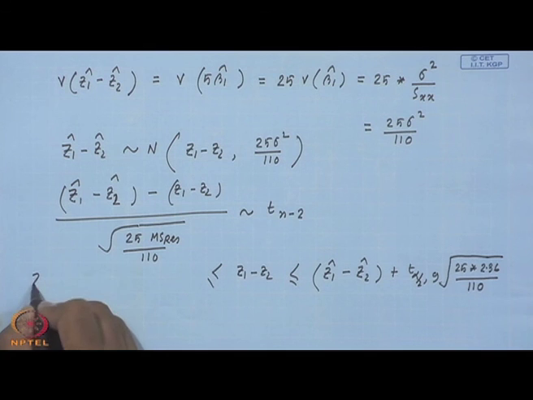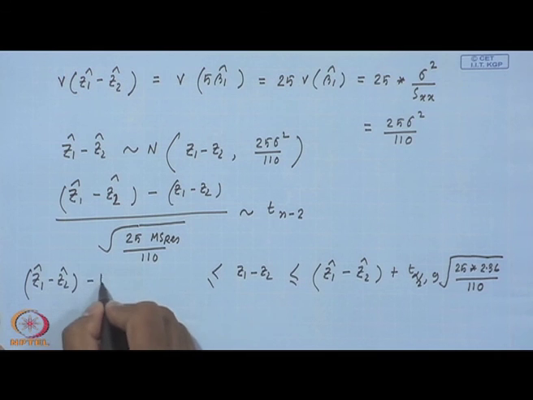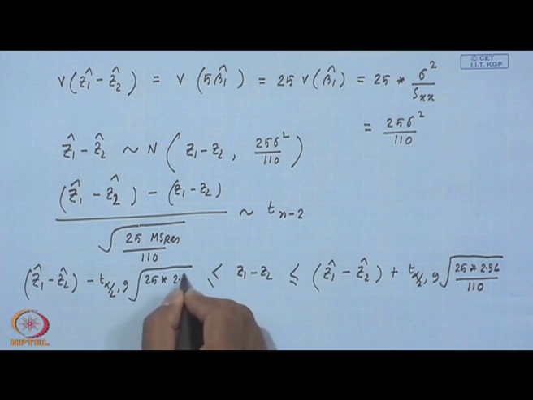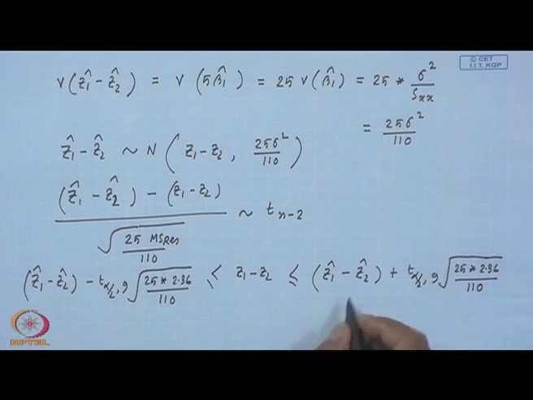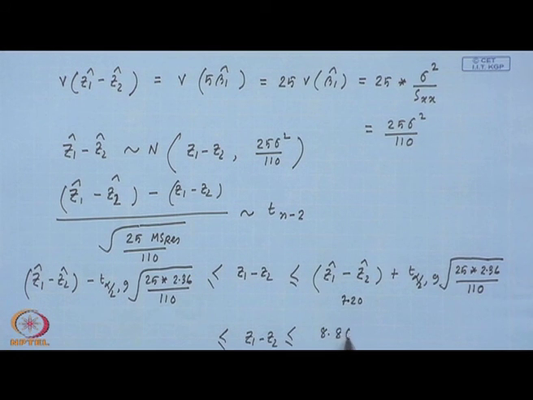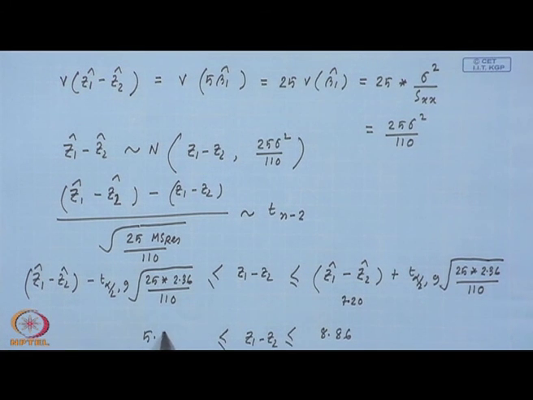And similarly, here also it is Z 1 hat minus Z 2 hat minus t alpha by 2, 9 degrees of freedom, by the same thing, 25 into 2.36 by 110. And finally, we know that this one is 7.20, right. So, finally, the confidence interval for Z 1 minus Z 2 is: the upper limit 8.86 and the lower limit is 5.54.